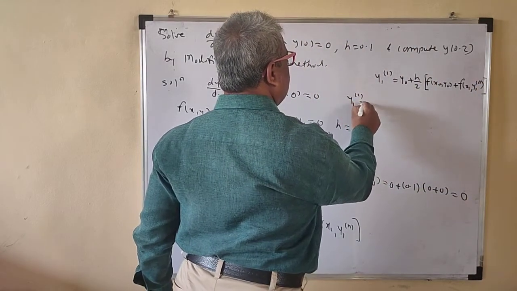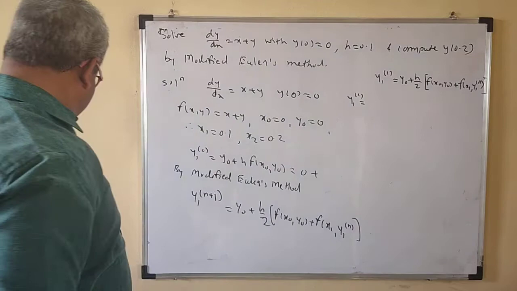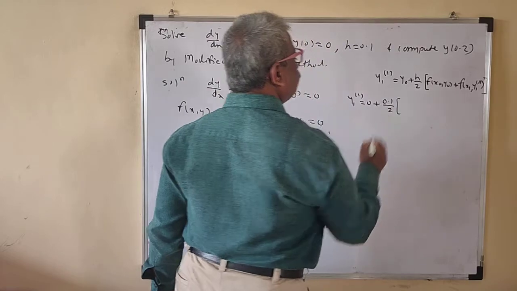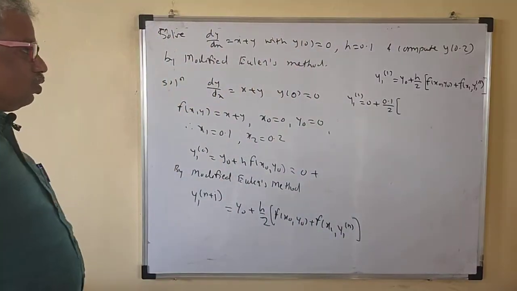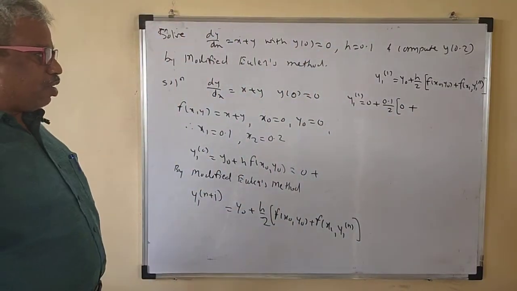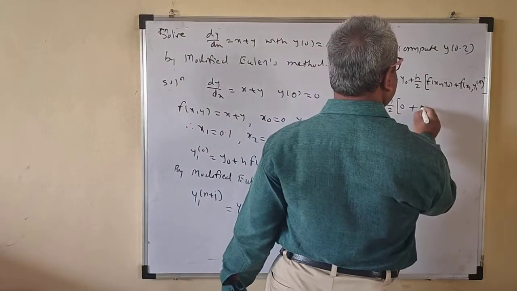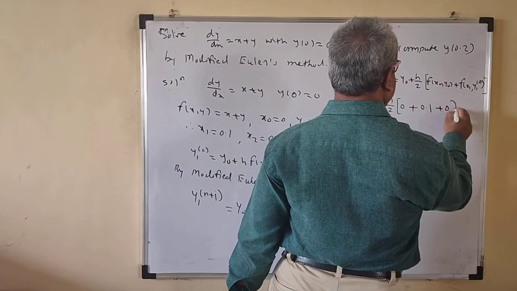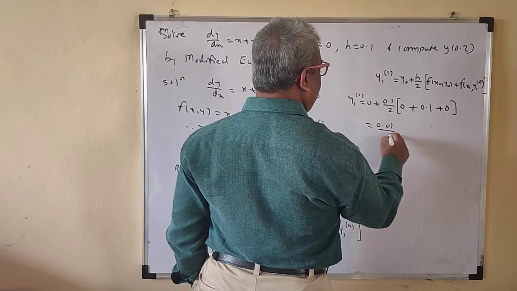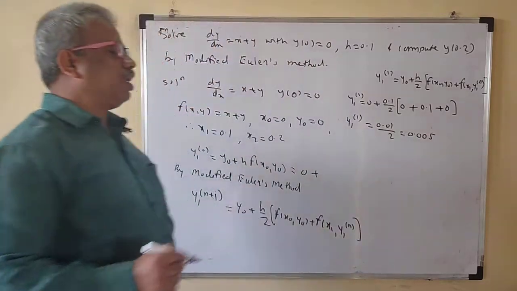So y1 of 1, your y naught is 0. 0.1 upon 2 f of x naught y naught, that means f of 0 0, so this is 0, plus f of x1 y1 of 0. Your y1 of 0 is 0. So your f of x1 is 0.1 plus 0, which is 0.1. So this is 0.01 upon 2. So this is 0.005. This is y1 of 1 now.